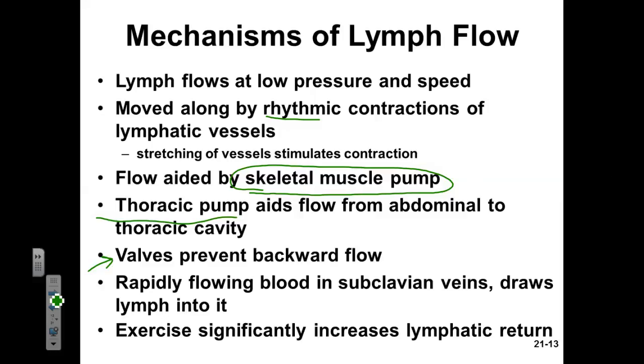Once we get the lymphatic fluid close to the subclavian veins, there's something known as the Bernoulli effect. Don't bother, it's a physics term. The idea is, if you have liquids that are rapidly moving past an opening, these liquids are going to suck other liquids down into the opening.